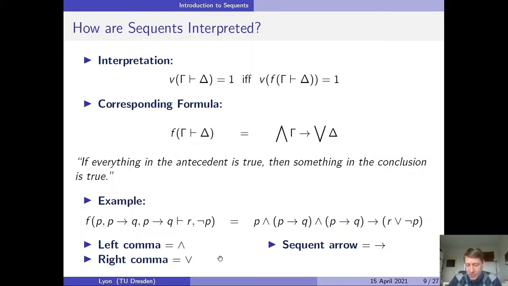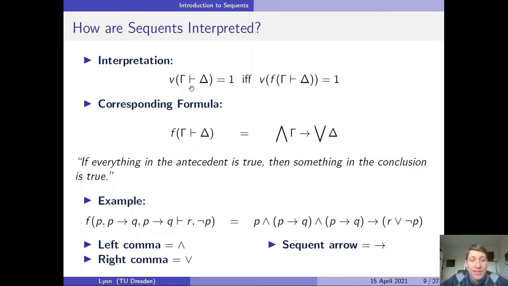So one nice feature of sequent systems is that usually you can extend the semantics of your logic to be used to interpret sequents as well. And here's a definition that explains how that is done.